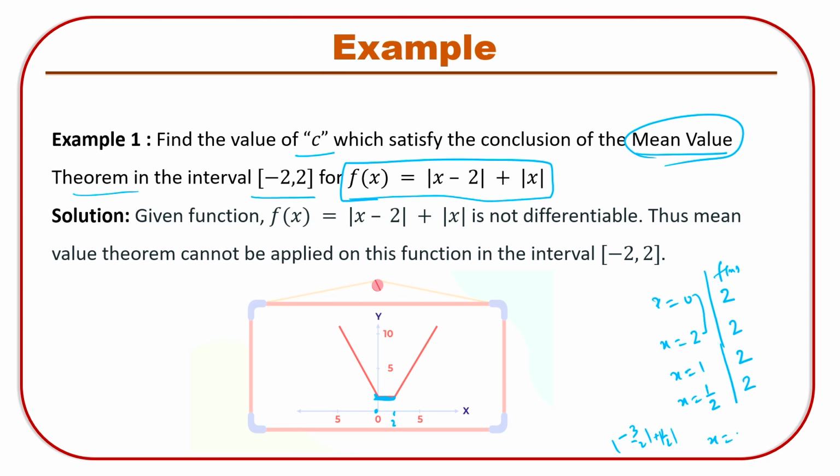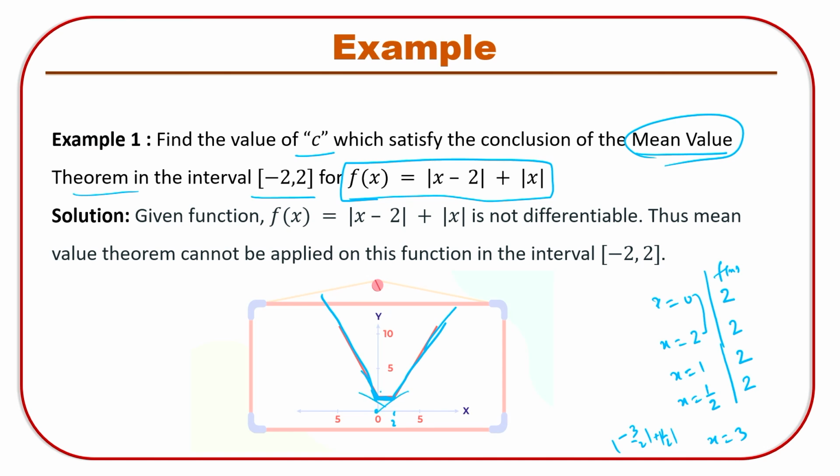Now the x value is 3. What will it give you? This will give you 3 - 2 equal to 1, plus 3, equal to 5. So it will increase here or somewhere here and so on. Now the function is continuous in the whole interval, but it is not differentiable as the slopes here are different.